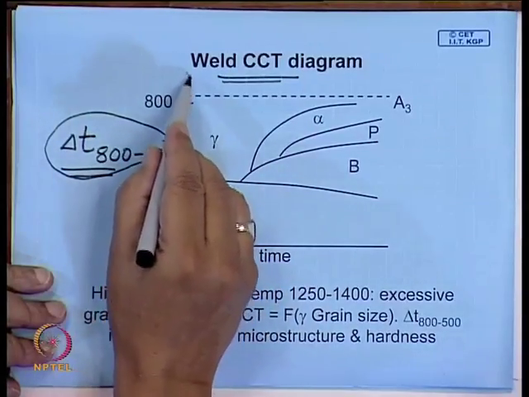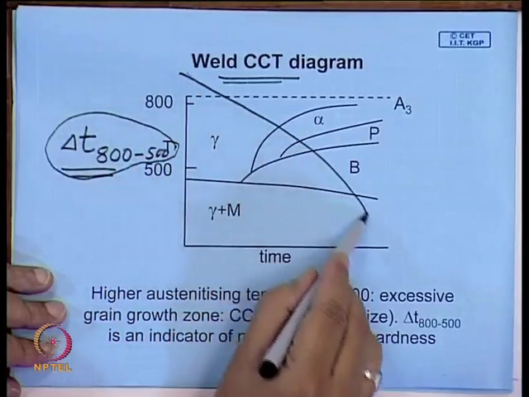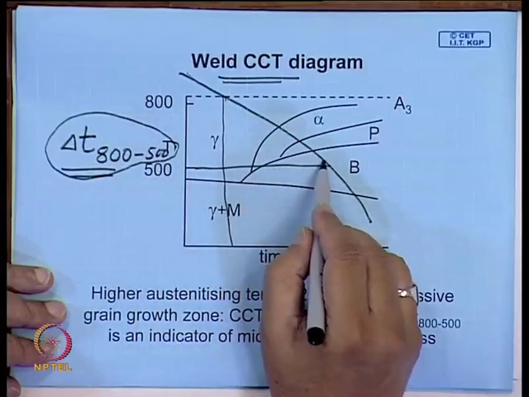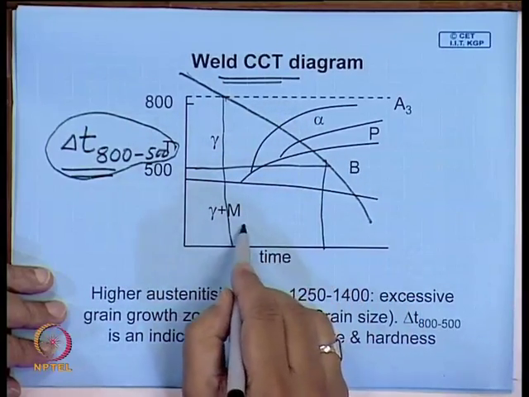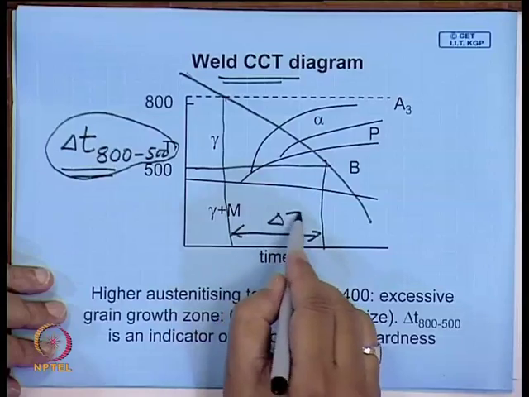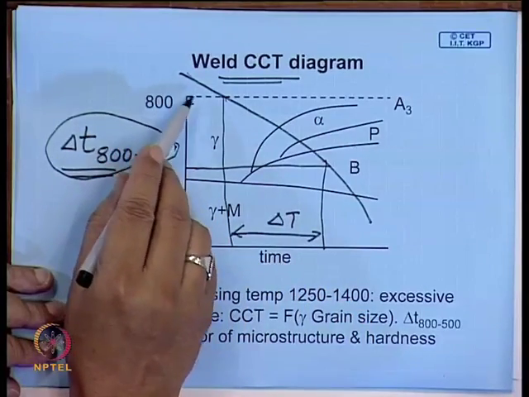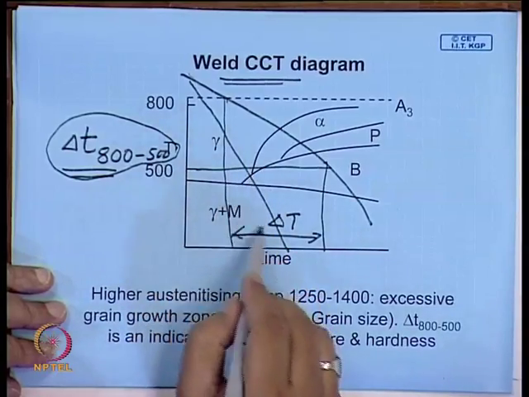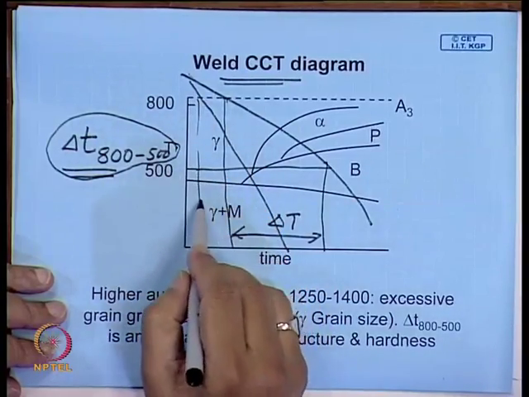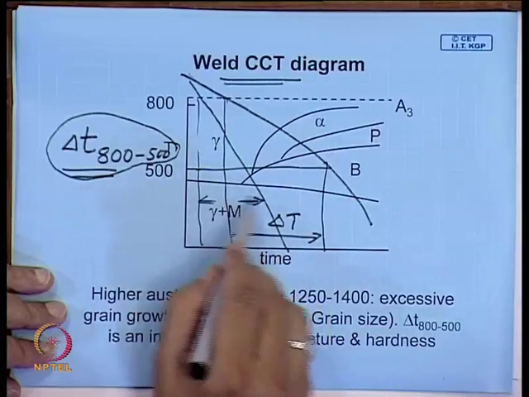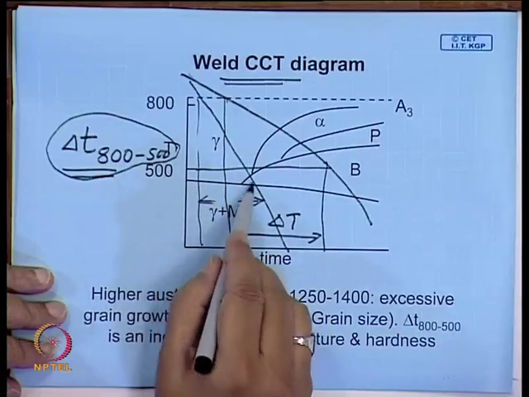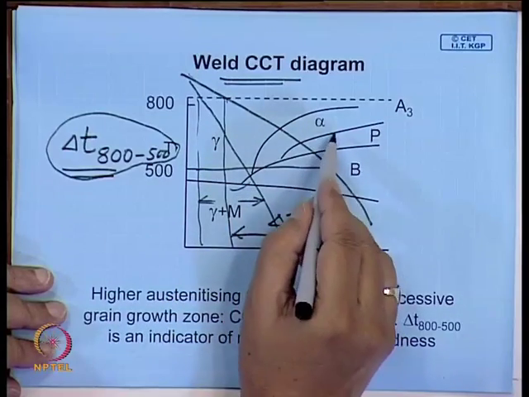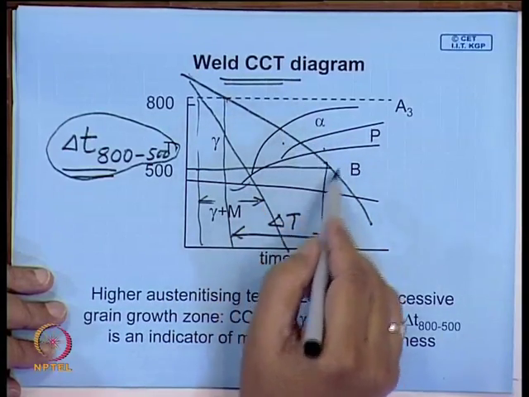Suppose something is cooling at a slow rate. Here it has a large delta T, whereas somewhere which cools fast, say something like this, in that case that delta T is small, and you can clearly see that here there is a chance of some amount of martensite forming, whereas in this particular case the products ferrite and pearlite are quite high.